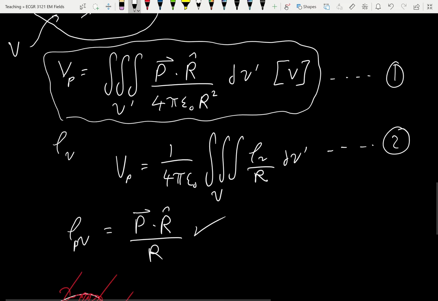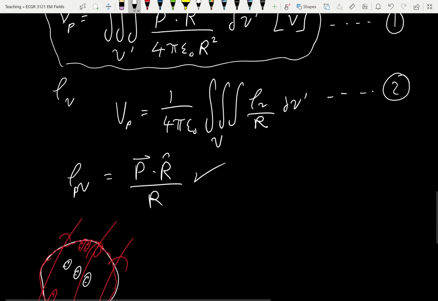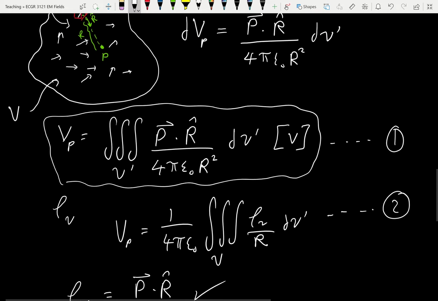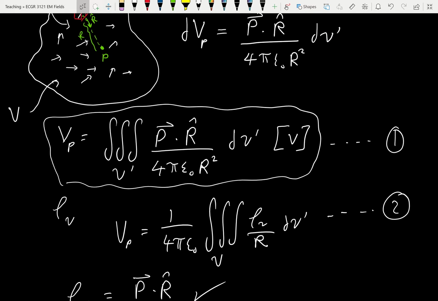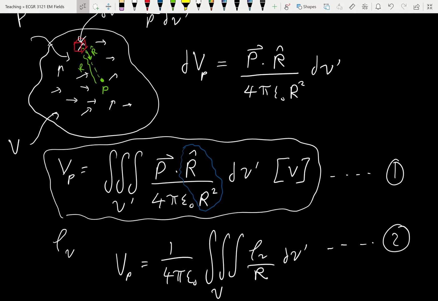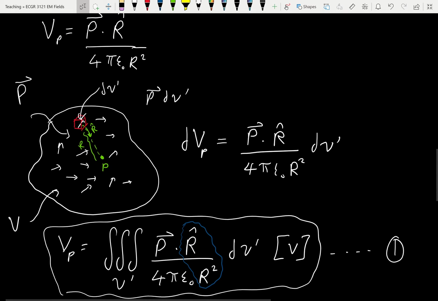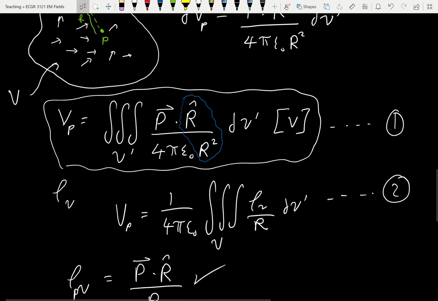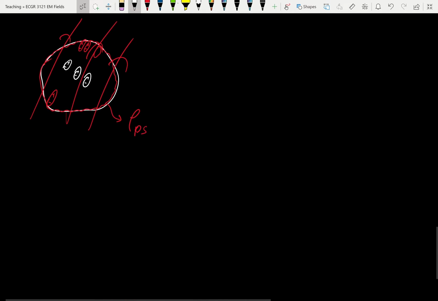Okay, so I want you to notice something. Notice here we have this term, r hat over r squared, right? So imagine this. So this is the material.